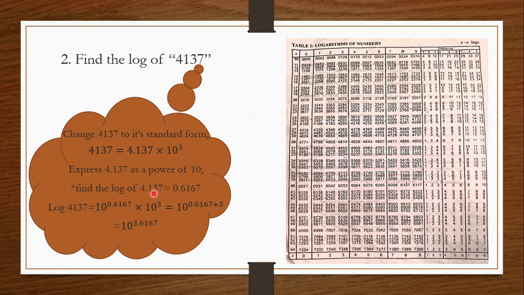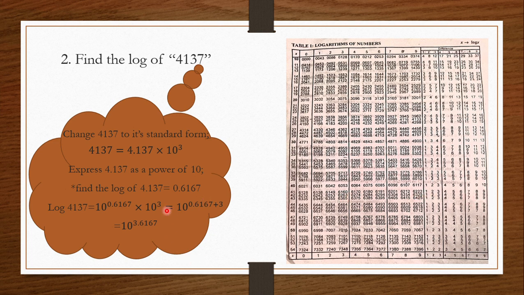Then to get our decimal fraction, it will still be 41 under 3 difference 7. We have read that, and that gave us 6167. So 6160 plus 7.